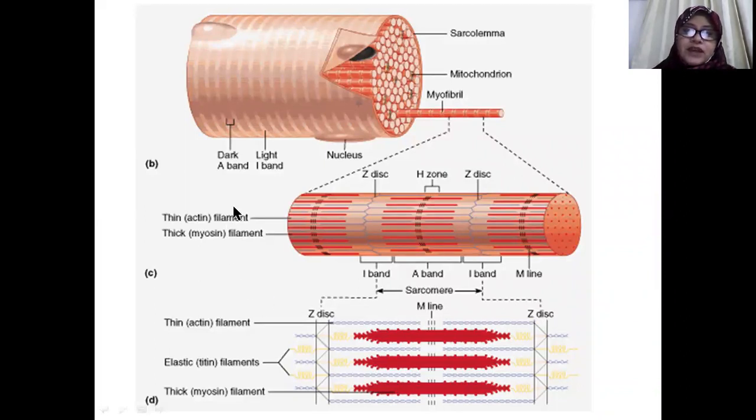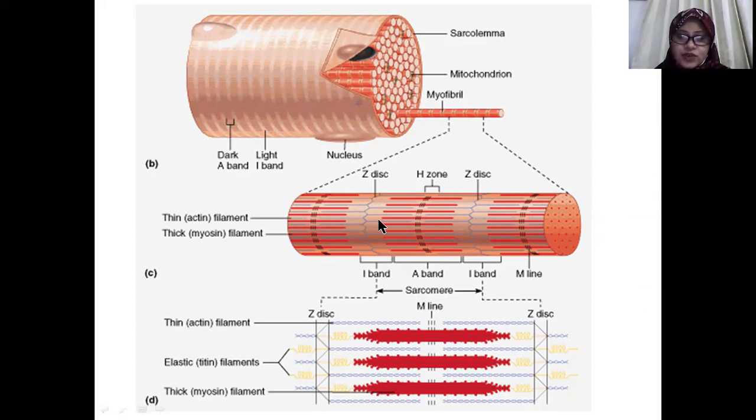So, in this figure we can see this is the darker zone, that is the A-band, and in the center there is a lighter zone known as the H-zone, and this H-zone is bisected by a line known as the M-line.